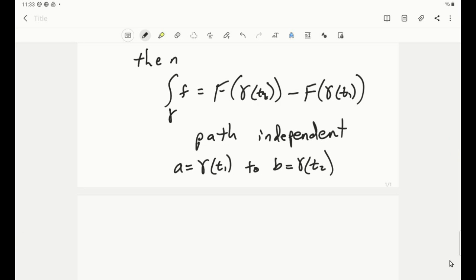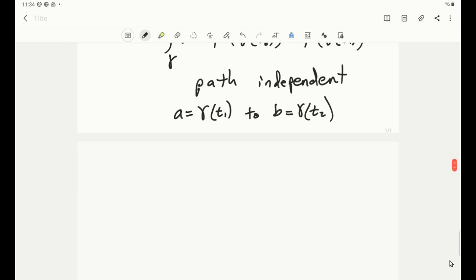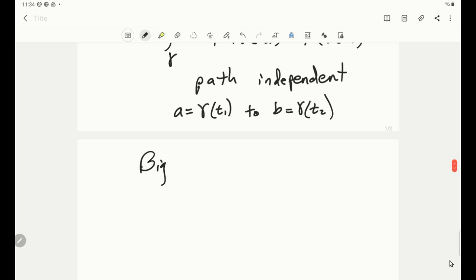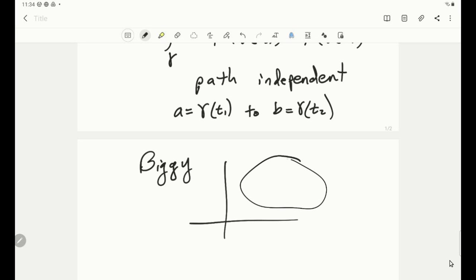So that's just like what we think of with real numbers. And so this is a biggie. That's a technical word. We're saying that I've got some region, and I'm going from this A over here to B. It really just doesn't matter how we do it. Path independent.